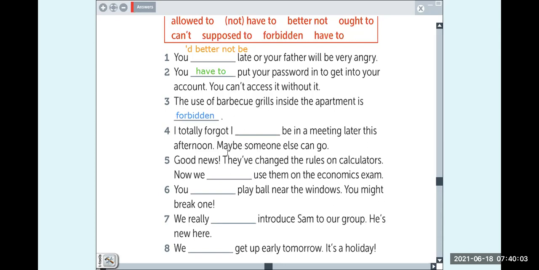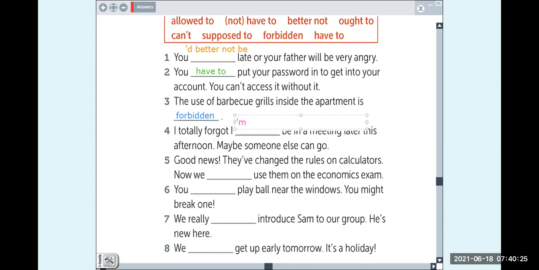Number 4, I totally forgot I'd be in a meeting later this afternoon. Maybe someone else can go. Okay. I am supposed to. Yes, I am supposed to.